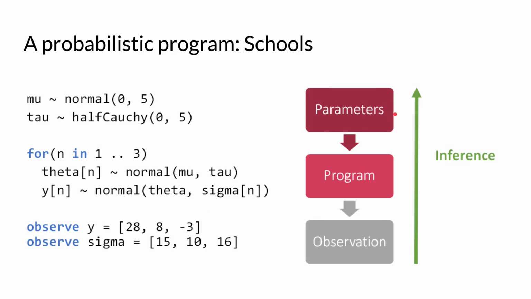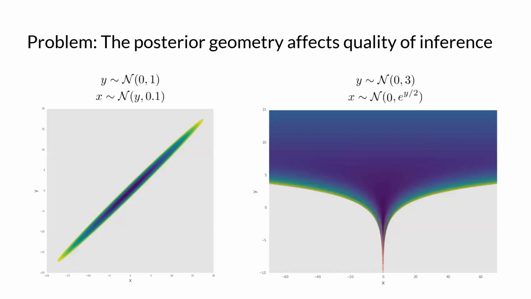But the problem is that this can rarely be the case in practice. The reason is there are a lot of black box inference algorithms that can do this. You can give them a general program or maybe a program with some constraints and they can run inference on it. But the quality of the inference is going to depend hugely on the shape of the actual distribution that we're working with.